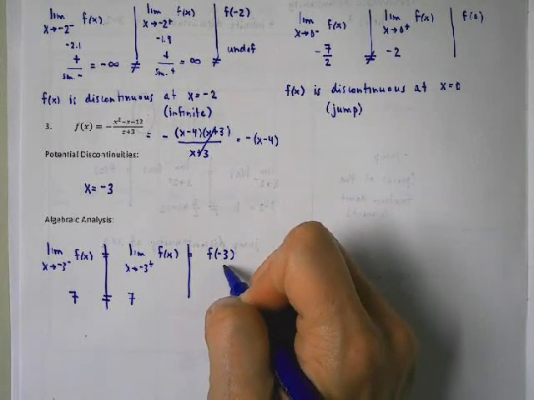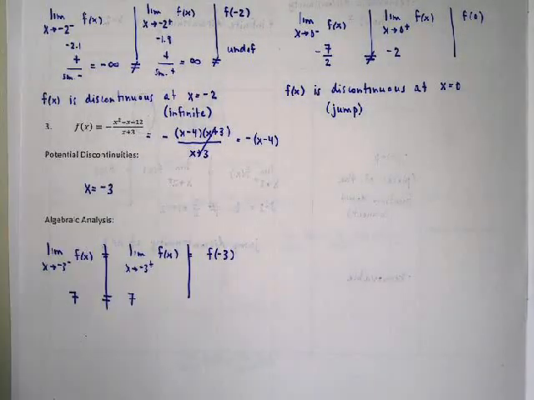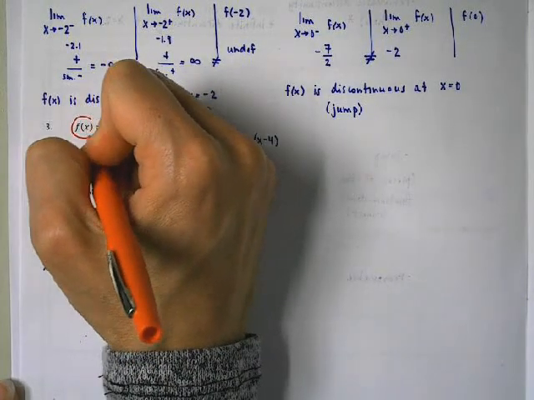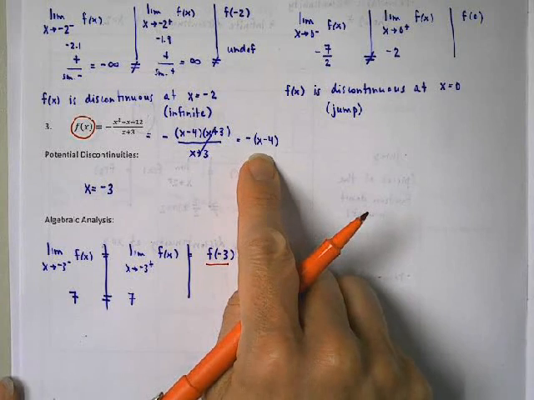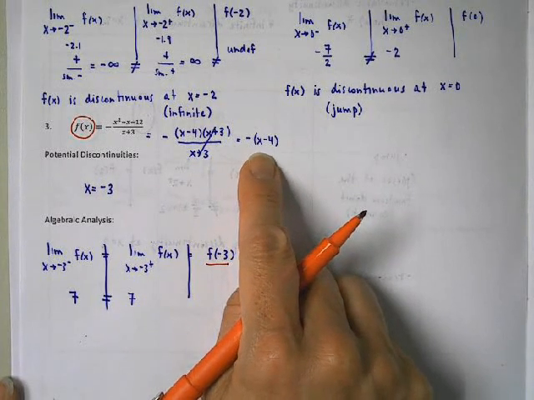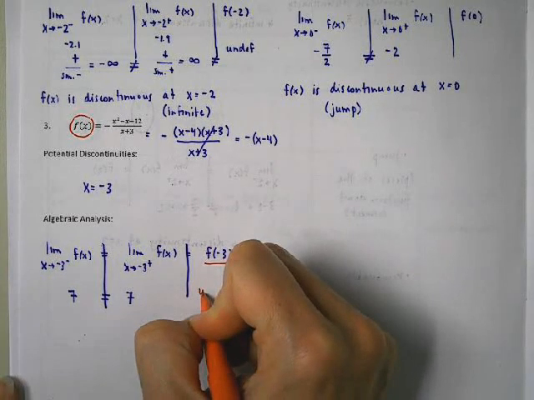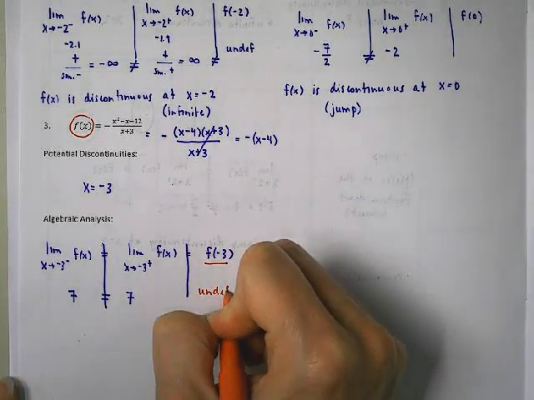However, when I'm finding the function value, to find this, I have to plug it back into my original. I can't use this simplified function. Now, if I try to plug in negative 3, that's going to give me an undefined value.